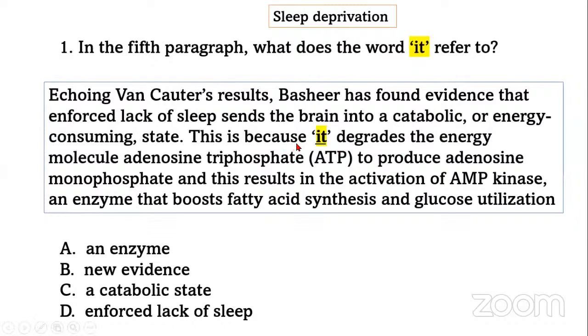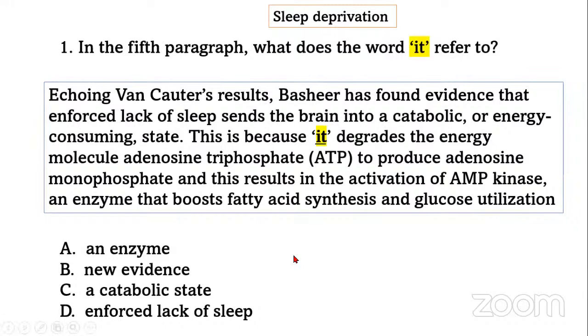Let's see the previous sentence in this paragraph. "Echoing Mancotta's result, Bashir has found evidence that enforced lack of sleep sends the brain into a catabolic or energy consuming state." Here "echoing Mancotta's result" is an introductory or transitional phrase, or if anyone's name is given, a comma follows. Father already explained all those things.